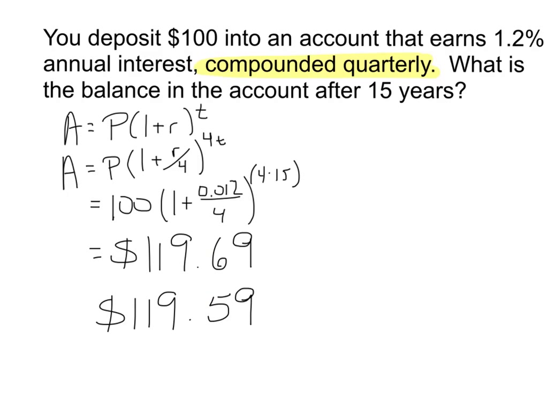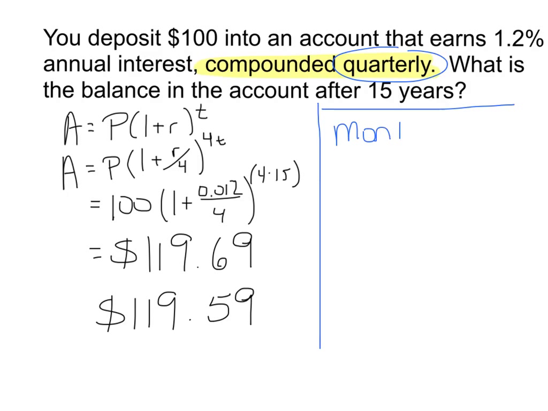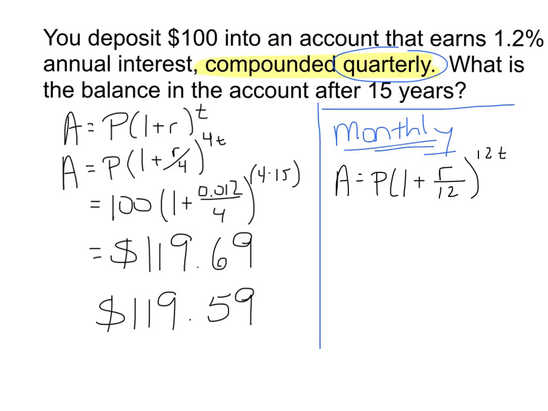Now we can look at interest compounded as frequently as we want to. So this problem was compounded quarterly, but what would happen if we wanted to compound the interest monthly? Our formula would be very similar, except 1 plus r over 12 times a year raised to the 12t.